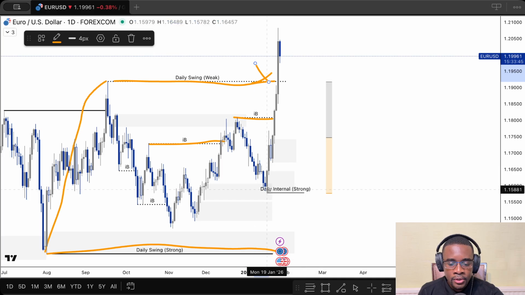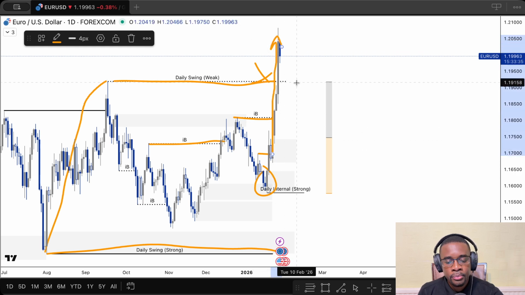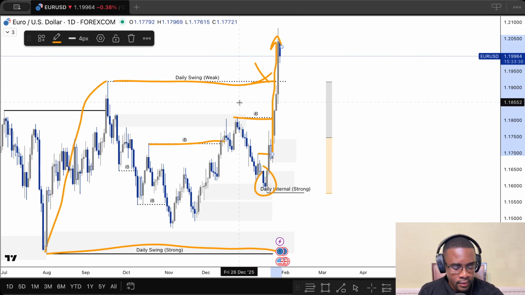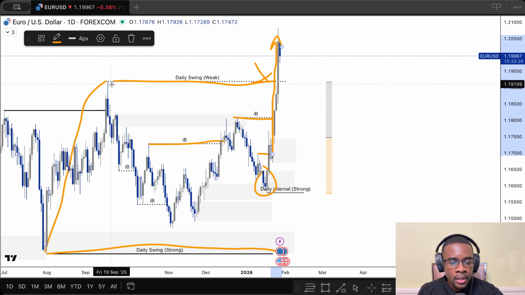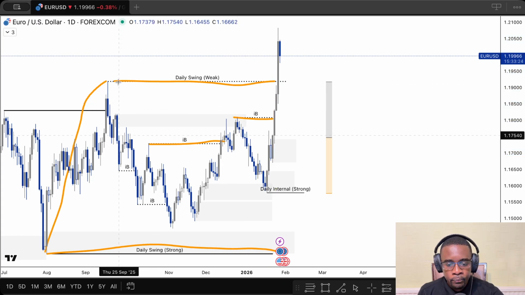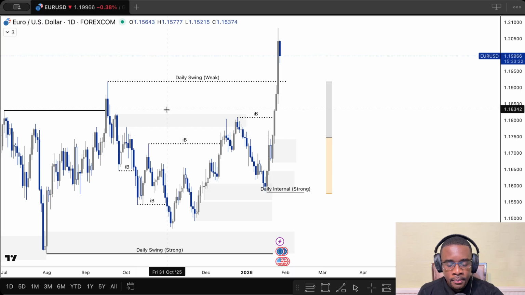And as you can see, once price made a change of character right there, it never looked back, so it just strongly pushed up, eliminating that daily area of supply at the top. So the expectation has been met.